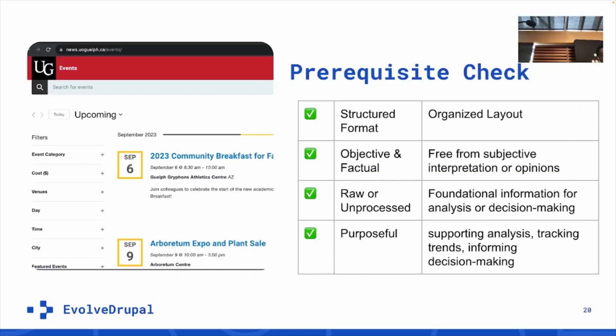It is free from all subjective interpretation. Is it raw and unprocessed? Yes, in the background we have all of this data in a database where it is completely raw, and then we can present it in whatever format we need. And is it purposeful? Yes, it helps us with tracking trends, supports analysis, informs decision making, etc.